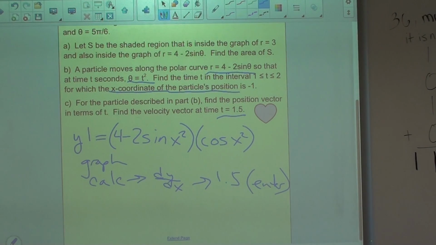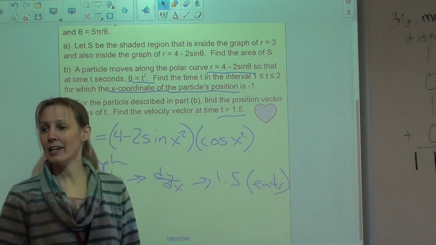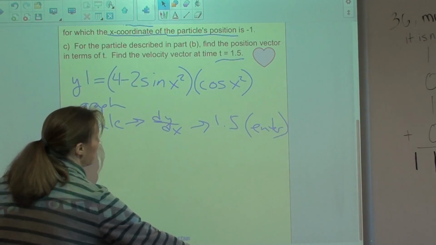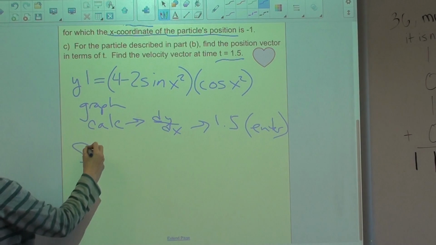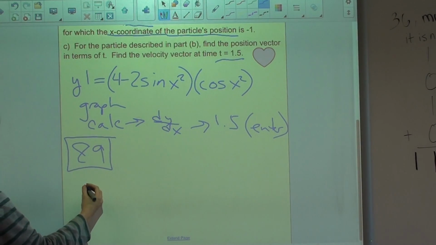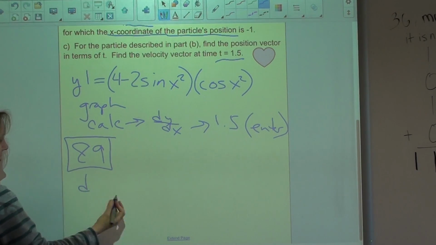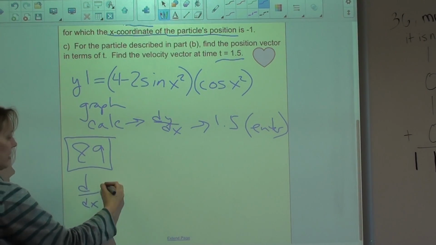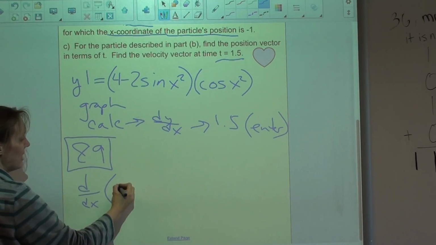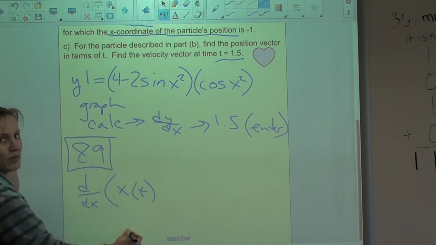Yes? On an 89, how do you get it to evaluate? Oh, to evaluate on an 89, if you wanted to plug the 1.5 in, you have your deriv. Can I just write x of t for the function?